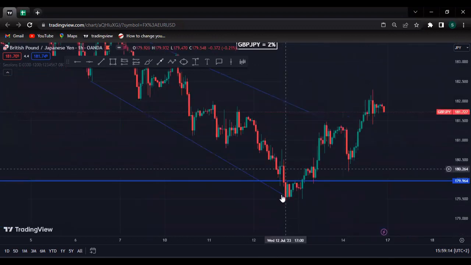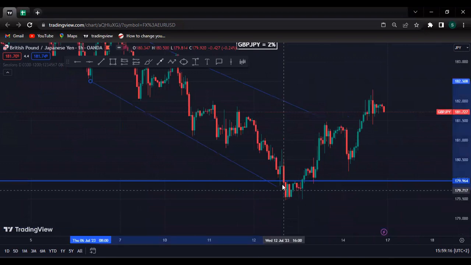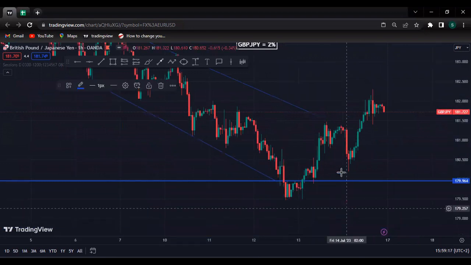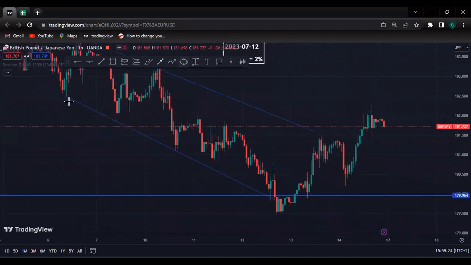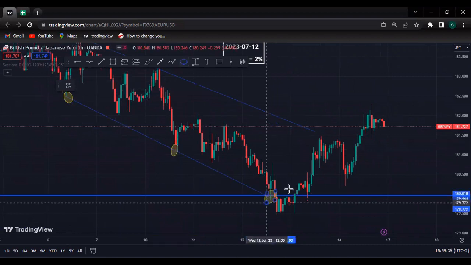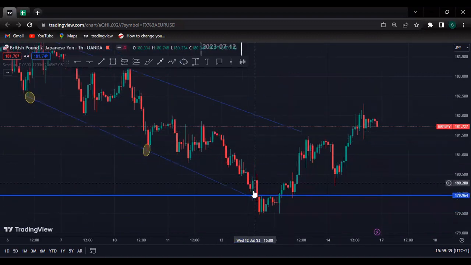Okay, let me actually adjust this trend line because it wasn't here, it was over here. Okay, there we go. Over here, we had our first touch. Over here, we had our second touch. And then here, I entered at our third touch over here. So I entered at this candlestick over here.